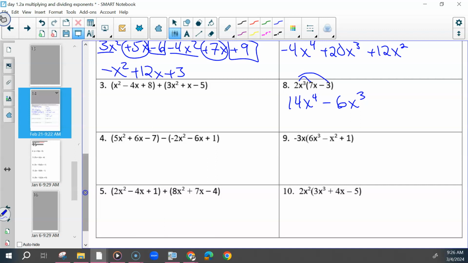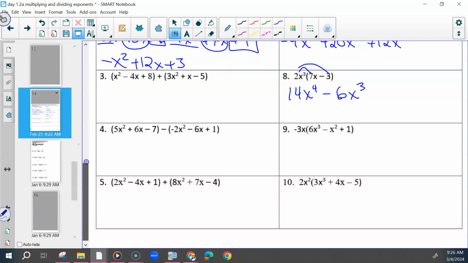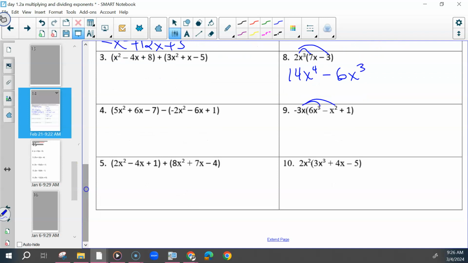Do we want to see 9 or 10? So if we're multiplying negative 3x to everything here, what would this give us? Negative 18x to the 4th.